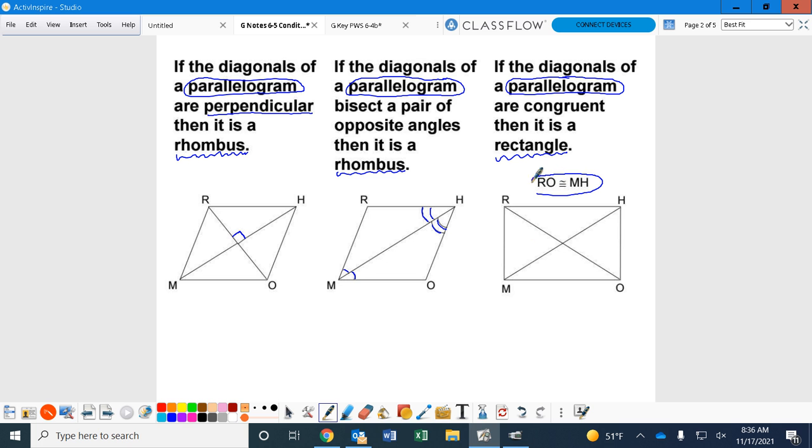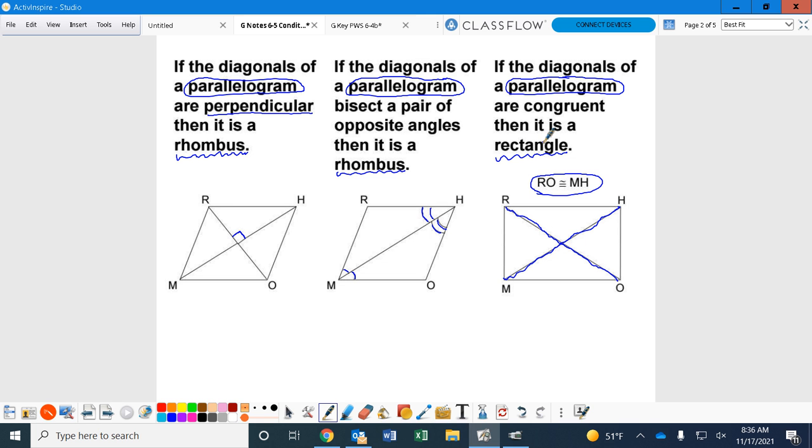Now they don't have it marked on here because it gets weird. If I mark this piece congruent to this, it looks like I'm just talking about this little part right here. So they write it up here at the top and they say that RO, this entire thing, is congruent to MH, this entire thing. And if the diagonals are congruent, then you're going to be talking about a rectangle.